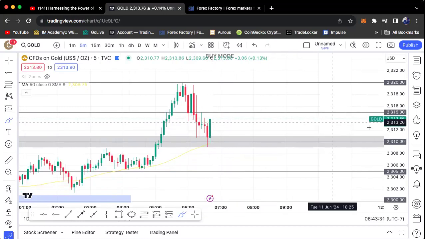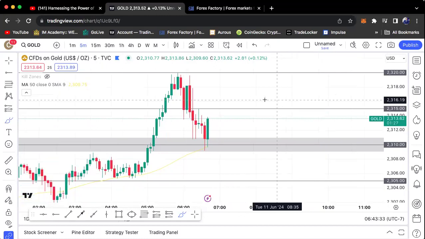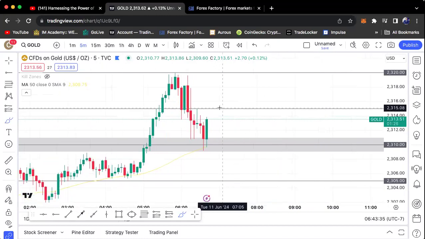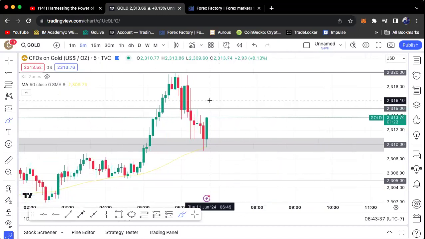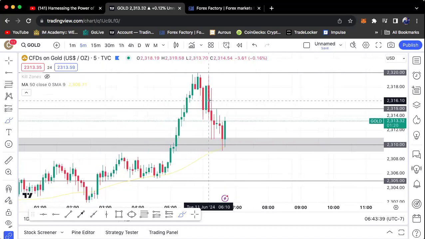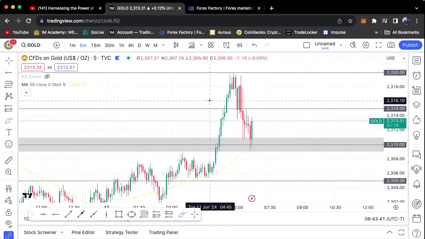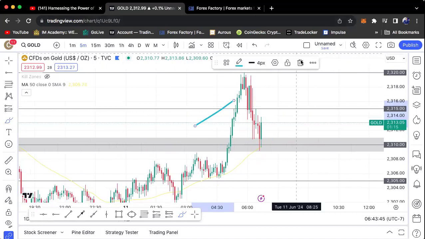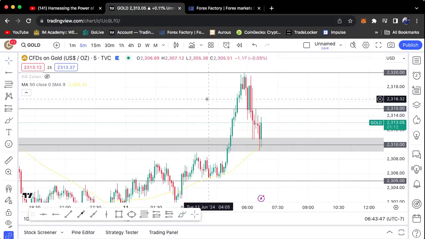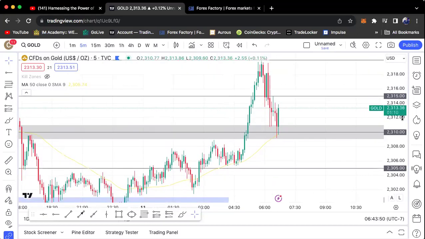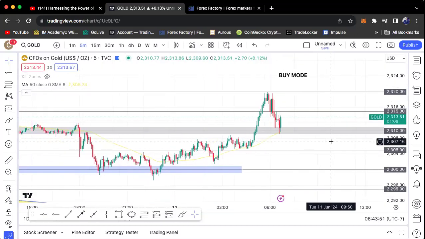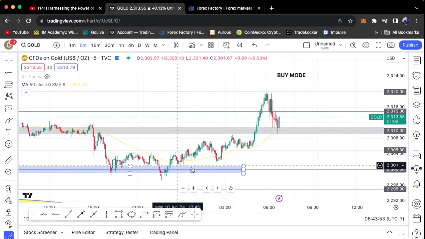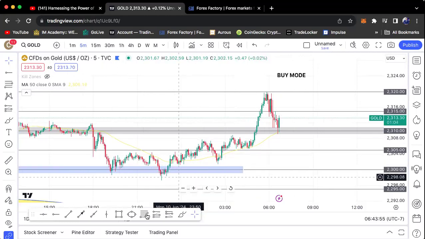I'm going to wait for the next 5-minute candle here. You see, we have all this liquidity here from all these buyers.